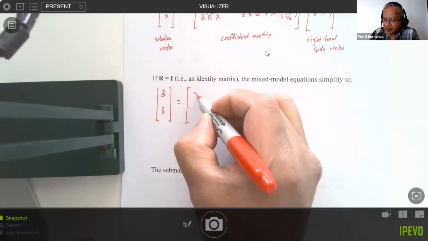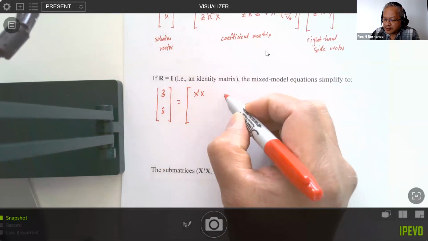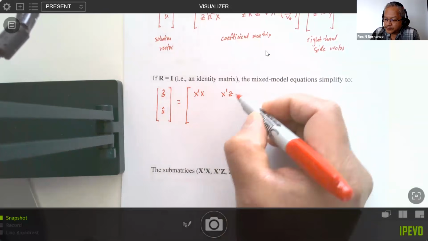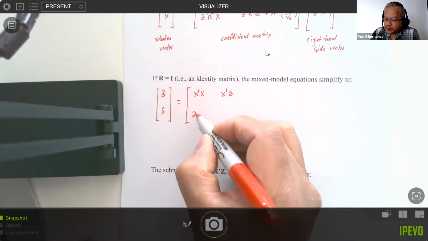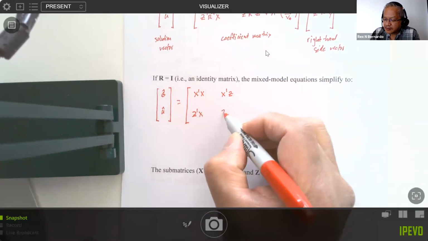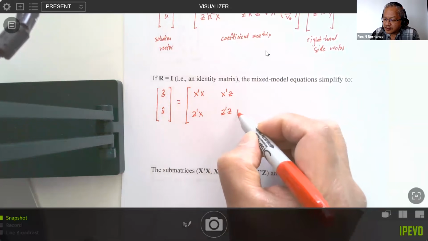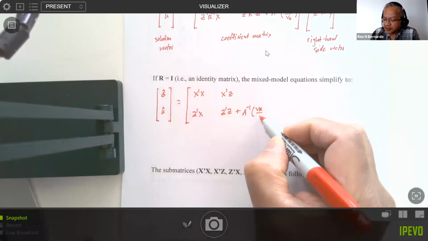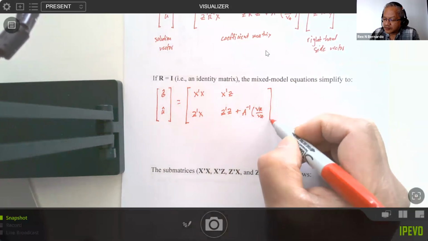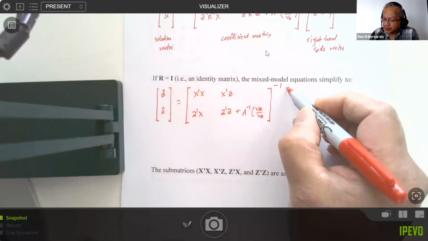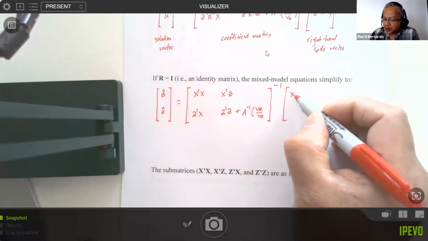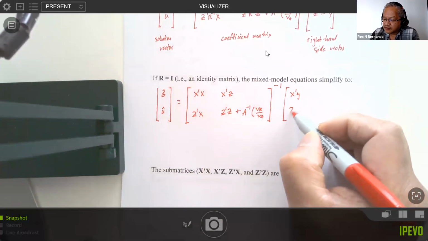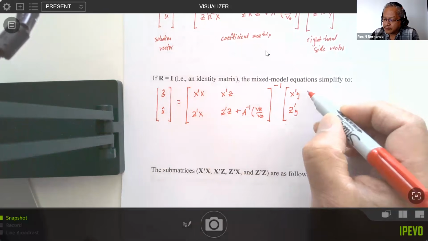So we have X prime X, X prime Z, Z prime X, Z prime Z plus A inverse, VE over VA. We take the inverse of that, we multiply it by X prime Y and Z prime Y.